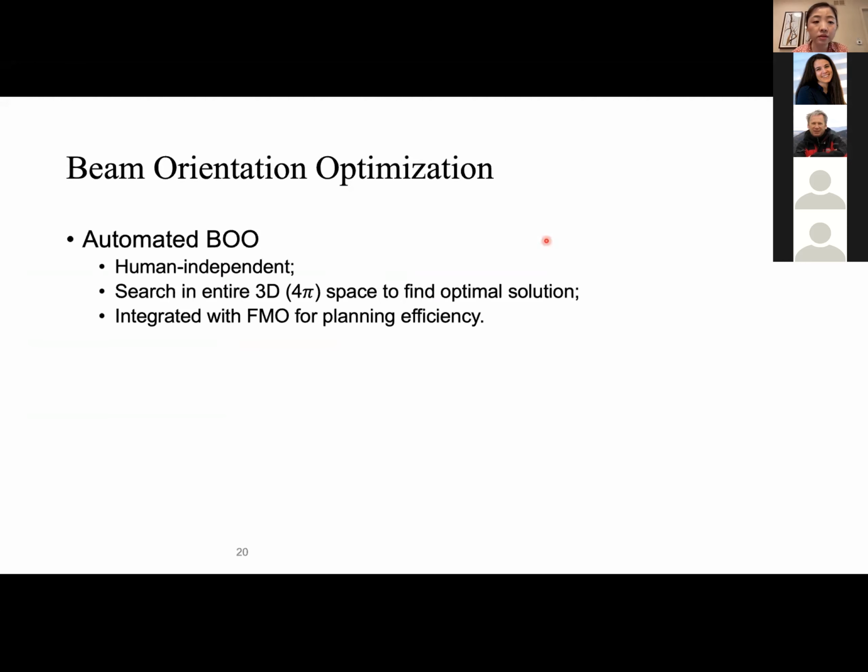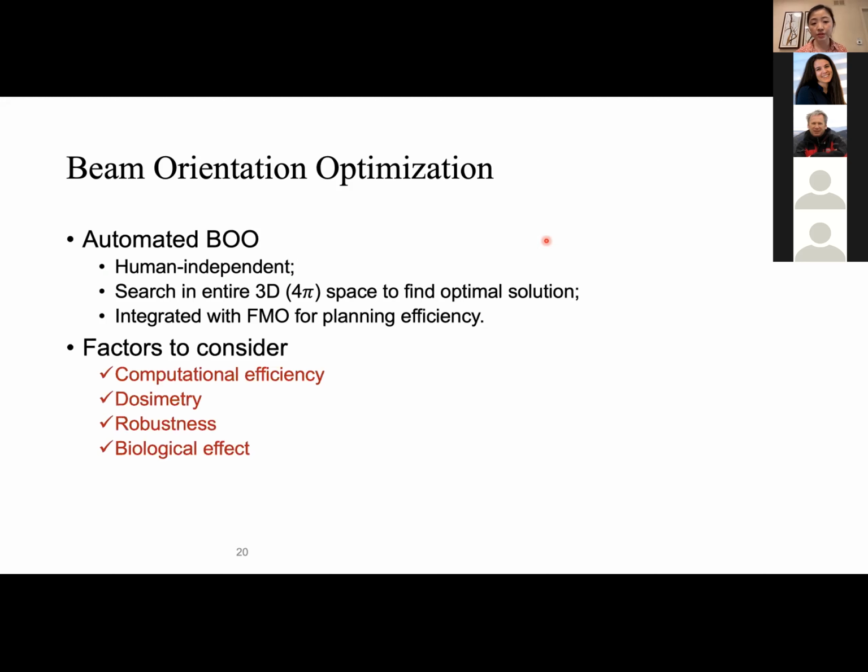So let's talk about automated beam orientation optimization. We mentioned that we want it to be less human dependent. We want it to do a global search in the entire 3D space to find us the optimal solution. And also we want to integrate BO and FMO for better planning efficiency. Just to mention these factors to consider: computational efficiency, dosimetry, robustness, and the biological effect.